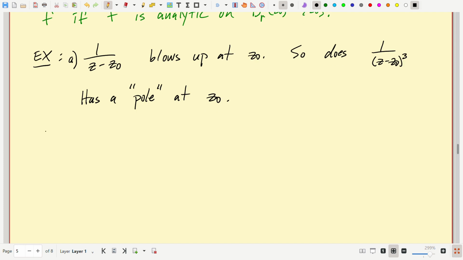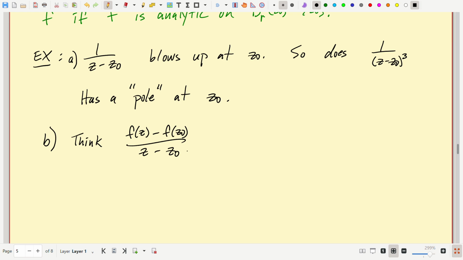That's one typical behavior. When you think about the difference quotient of an analytic function, it's not defined at the spot. So let's think, f of z minus f of z naught over z minus z naught.